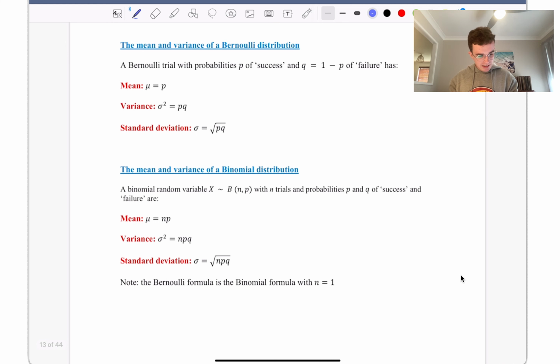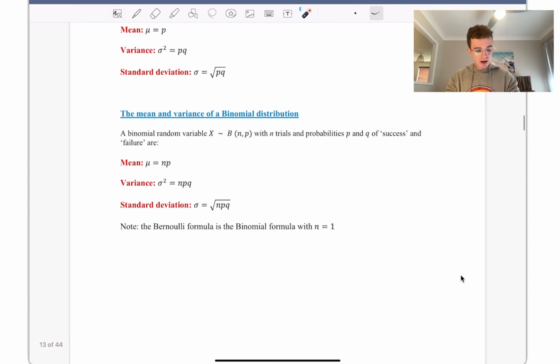So we've seen in the past that for a Bernoulli distribution the mean was equal to p, which is the probability of success. The variance, which is sigma squared, is equal to pq, and the standard deviation is root pq.